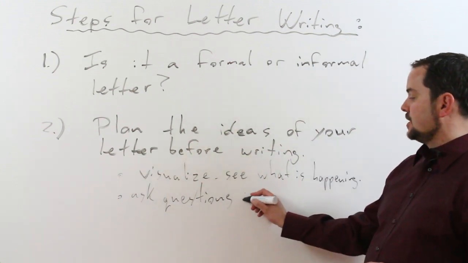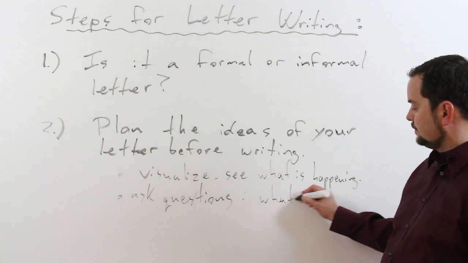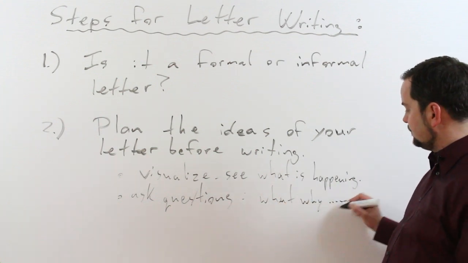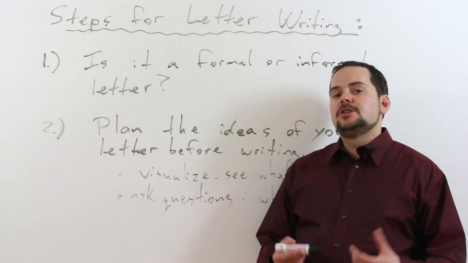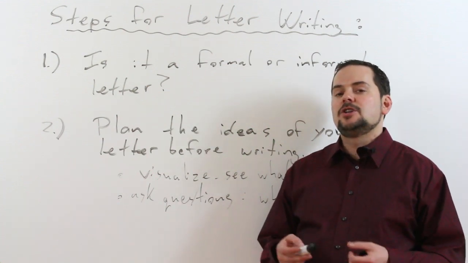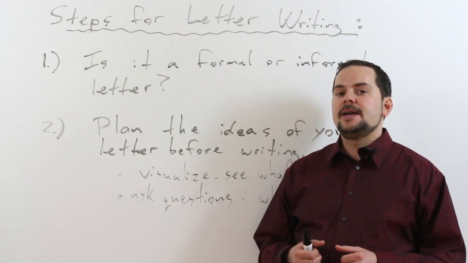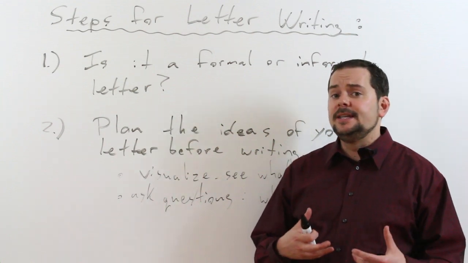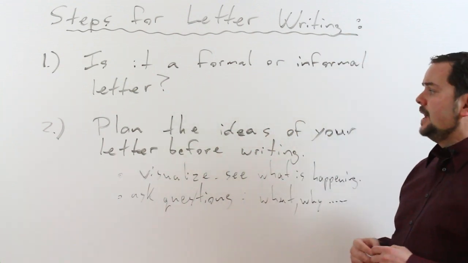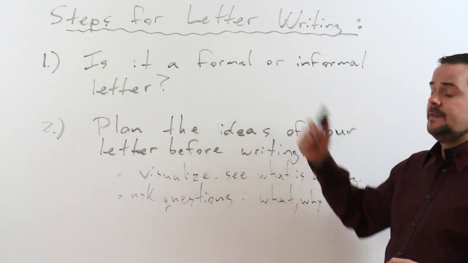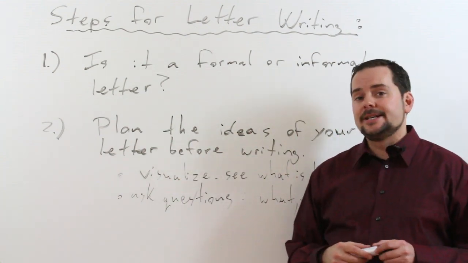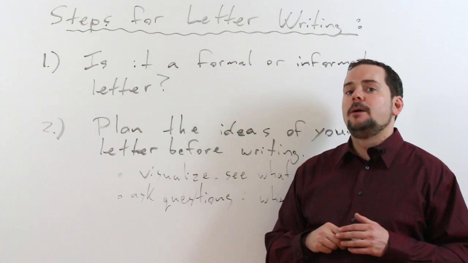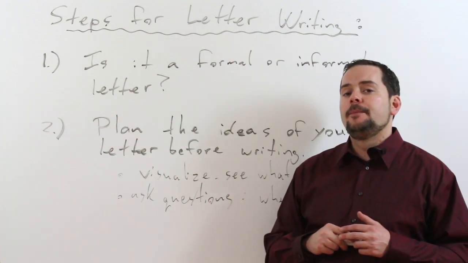So ask questions. And then when you've answered these questions, when you can see the situation, then you can begin writing, and then what you need to do is focus on detail. So again, steps for good letter writing: first figure out, is it formal or informal, and then plan your ideas before you begin to write the letter.